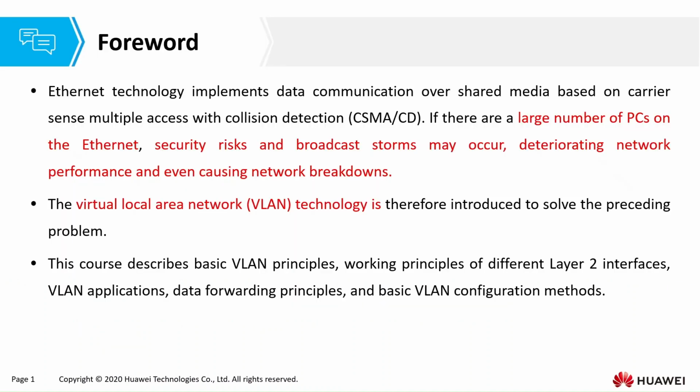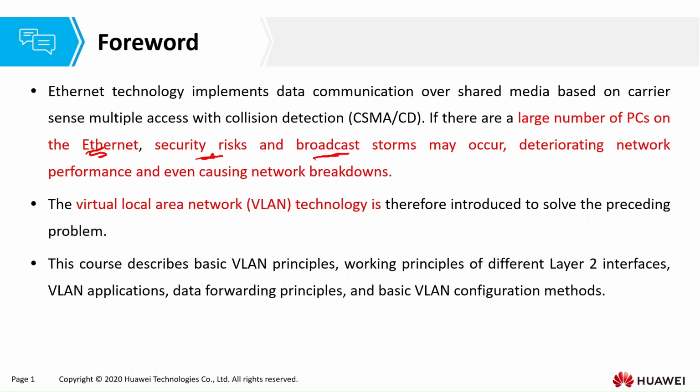Remember, previously we mentioned that Ethernet technology implements CSMA/CD, carrier sense multiple access with collision detection. Whenever you have a very large number of PCs connected to your Ethernet, most of the issue is performance. Basically, you will cause a broadcast storm and also security risks, which lead to very poor network performance.